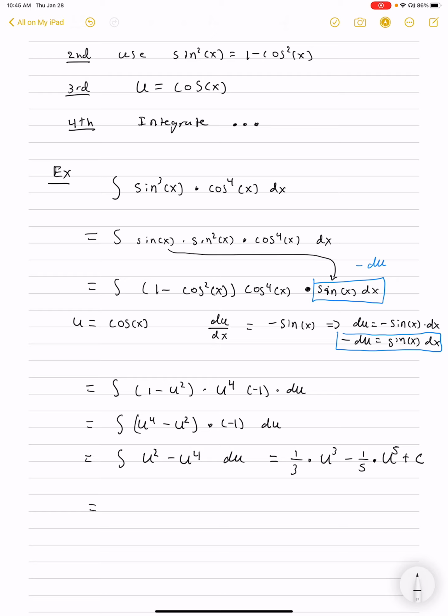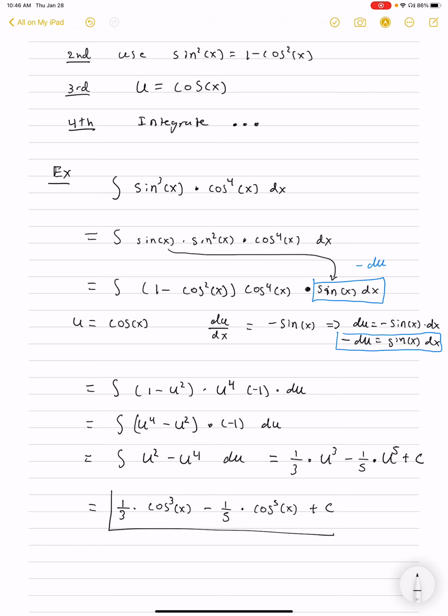Now I need my final answer to be in terms of x, but remember, u is cosine of x, so I'm just going to have cosine cubed of x minus 1/5 times cosine to the 5th of x plus a constant.